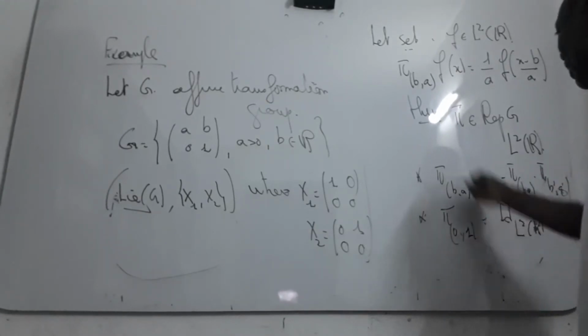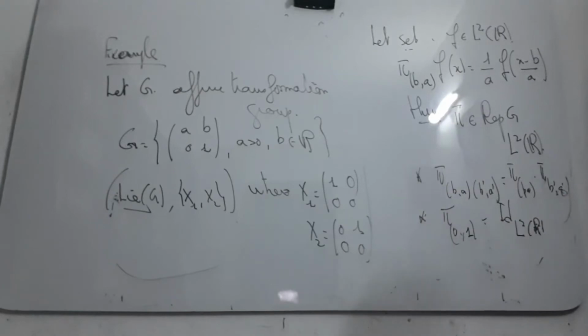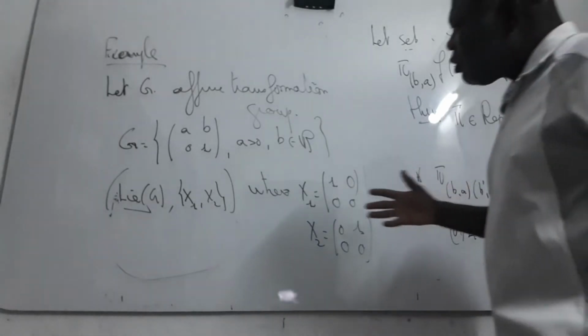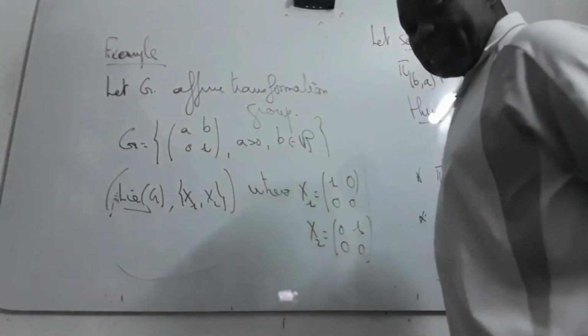So it verifies this easily. So from here, how can I compute the representation of the Lie algebra?